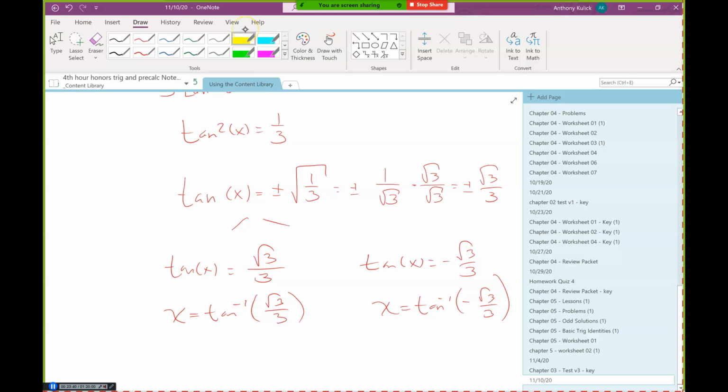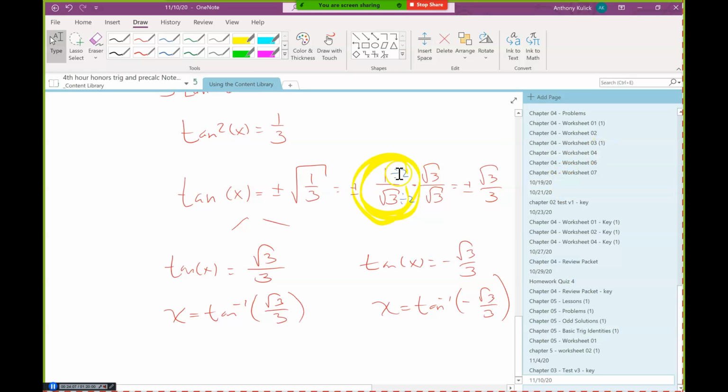Now I'm going to give you a little hint on these tangent ones. I'm going to be using 1 over square root of 3, because it's a little bit easier to see where to find that on the unit circle. Remember, tangent is y over x. I know that 1 and square root 3 aren't exactly x and y coordinates on my unit circle, but if I divide them both by 2, they are.